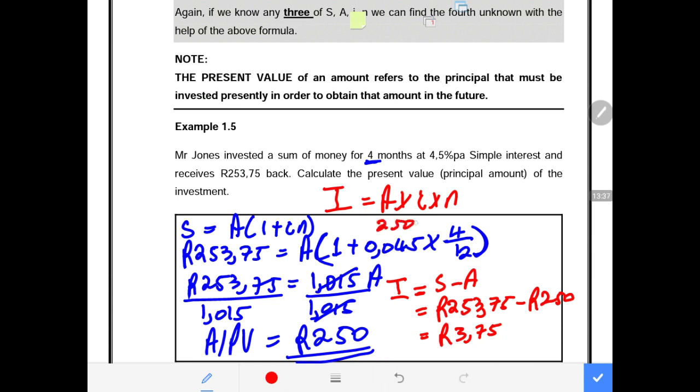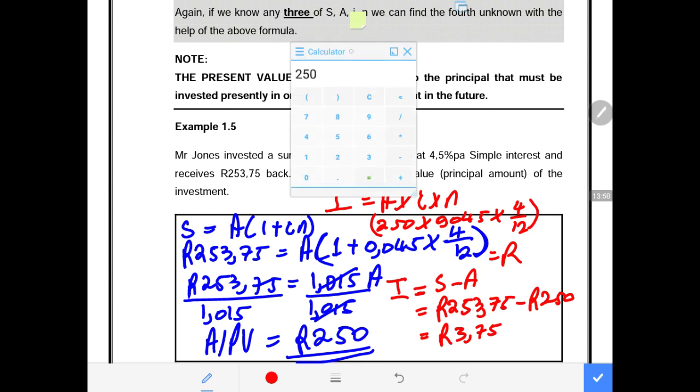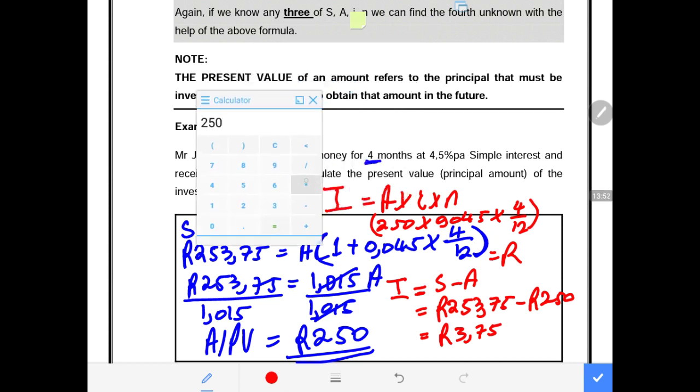Amount invested is 250 times the interest rate 0.045 times n, which is 4 over 12. Let us just verify that and see if we get the same figure. 250 times 0.045 times 4 over 12, and we get the same 3 rand 75 cents.